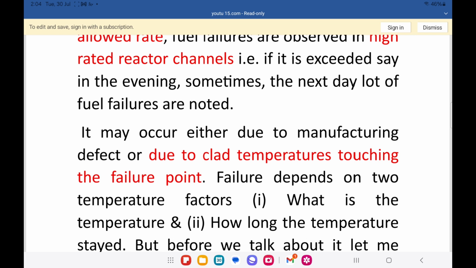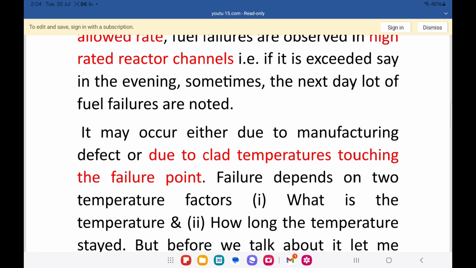So I am going to talk about how the clad temperatures may touch the failure point even when the steady power is much less than that corresponding to the failure clad temperatures.